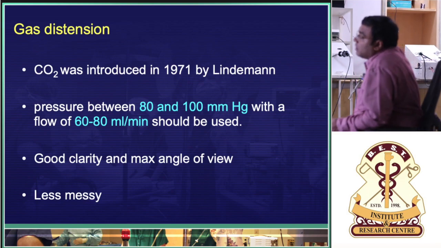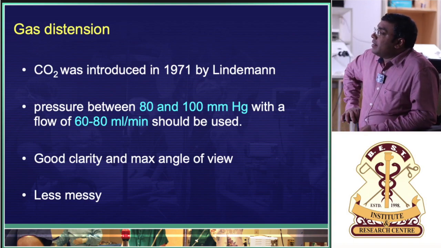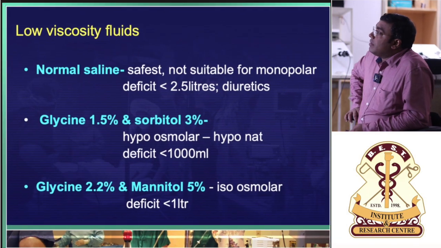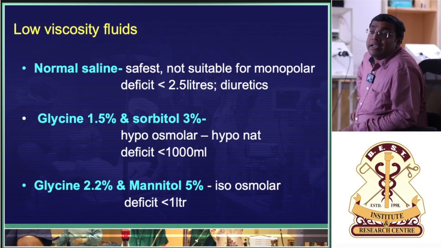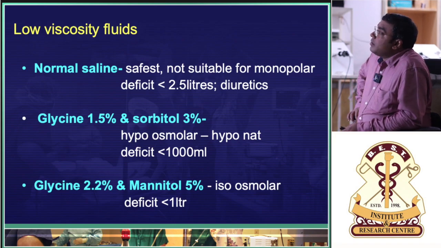Clarity is good with maximum angle of vision, and it doesn't interfere when there is bleeding, whereas normal saline and distilled water do, because when there is bleeding the field of vision gets compromised.